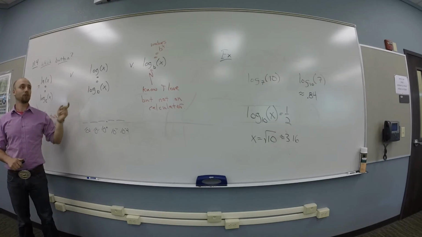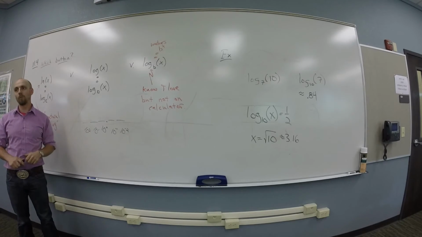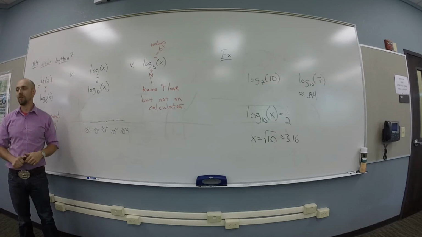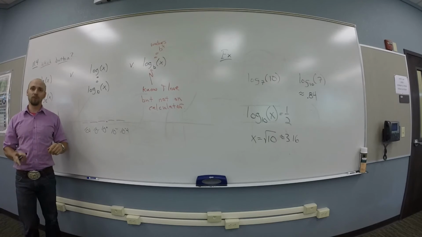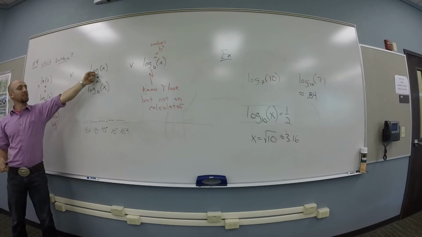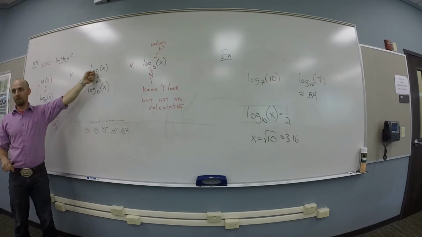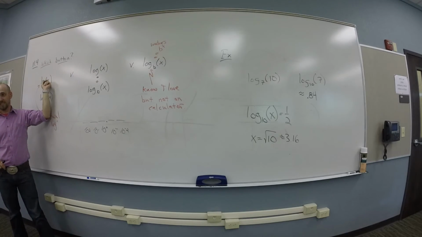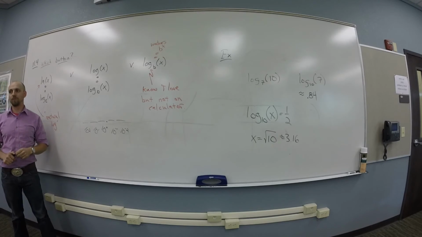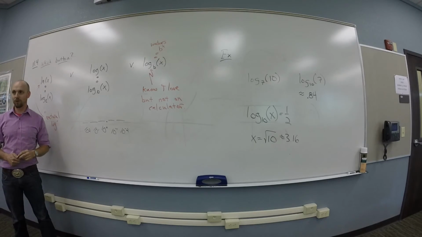If you want to check, you should plug 10 into it and hope to get 1 back out, right? There are 1 or maybe 2 computer languages where the plain log represents the natural log. So be just a touch careful if you're learning new computer languages.